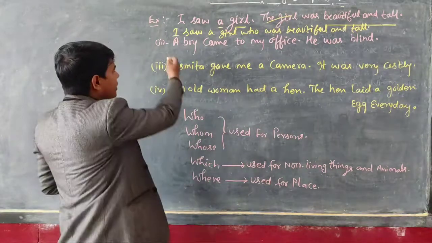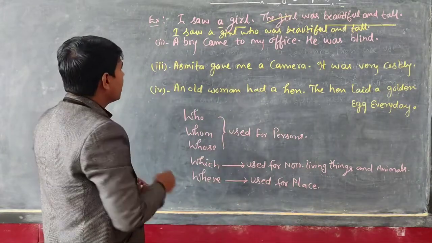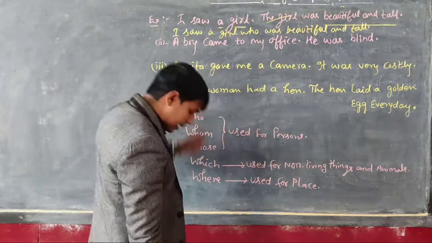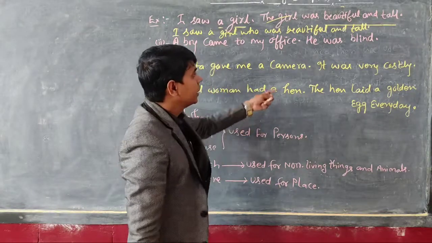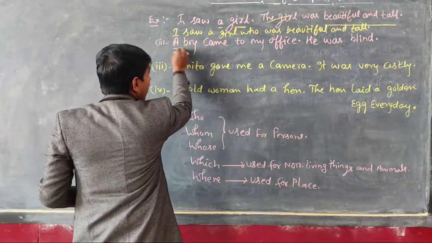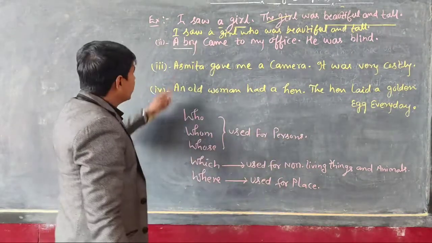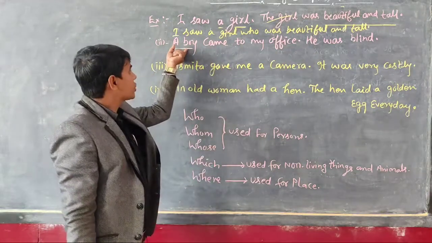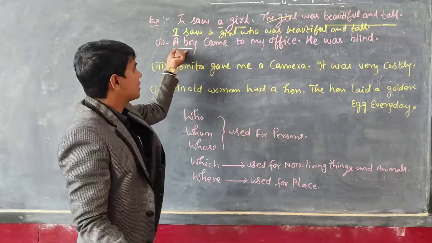Let's see another example. A boy came to my office. He was blind. Who was blind? The boy. In that sentence we again have additional knowledge about the person.